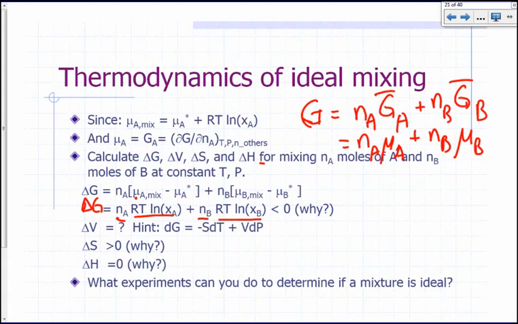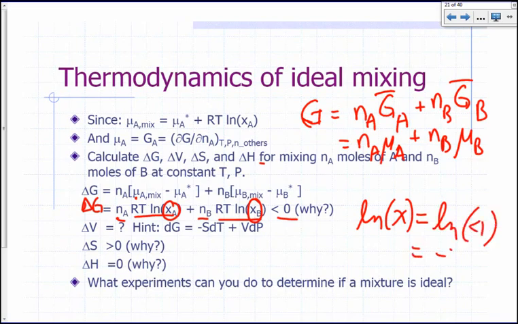All right? So why should that be less than 0? At constant temperature and pressure, that's your delta G. Why should that be less than 0? Well, remember XB and XA are mole fractions. So the natural log of a mole fraction is the natural log of a number less than 1, so that's going to be a negative number.